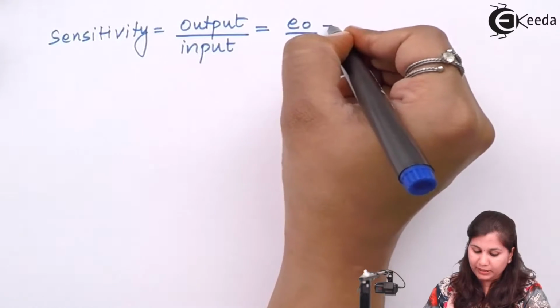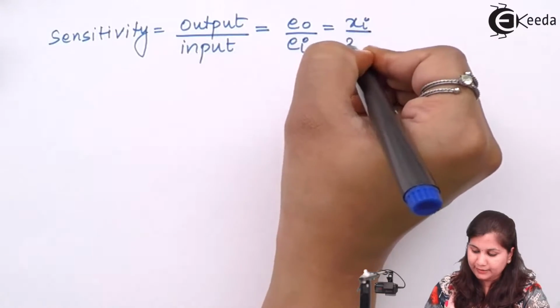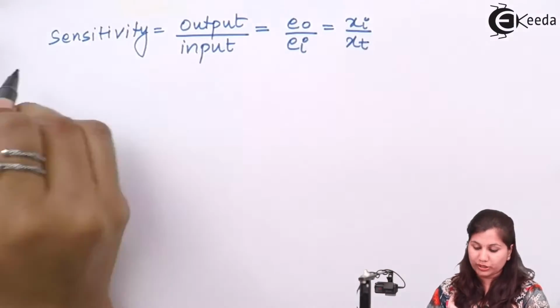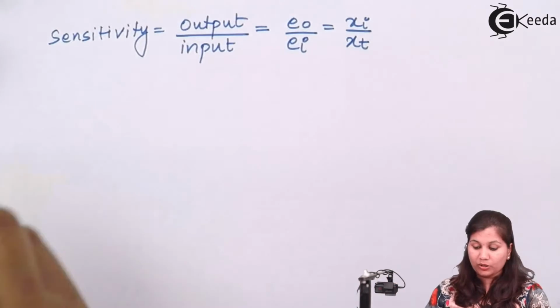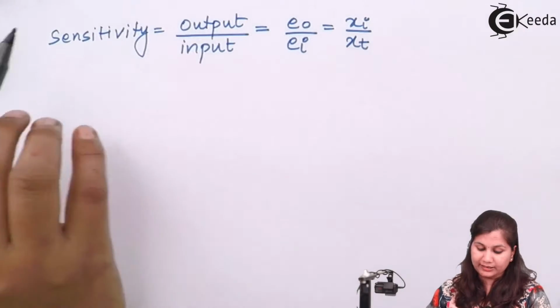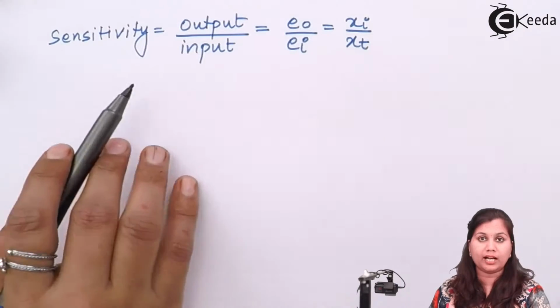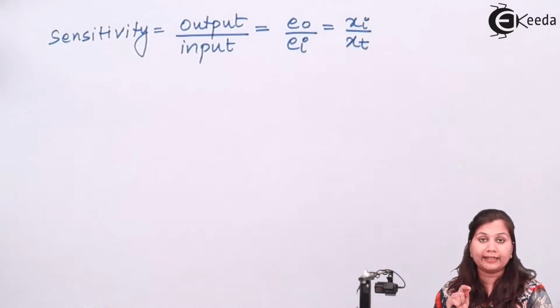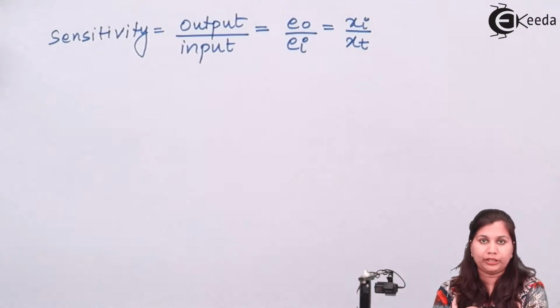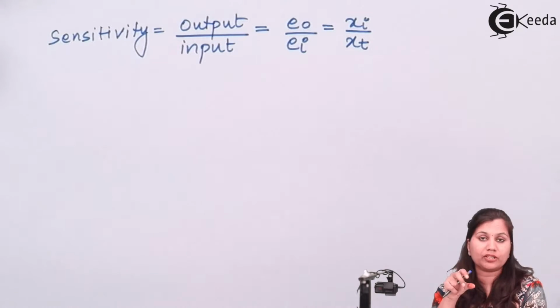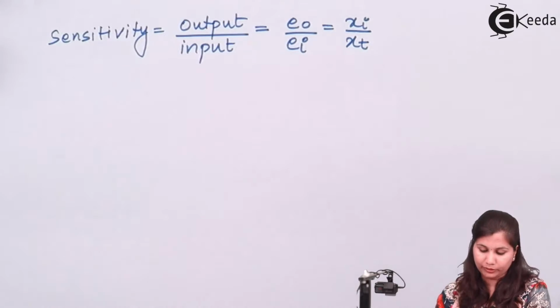So E naught by Ei is Xi by Xt. So this is the sensitivity of the potentiometer. Here also from this equation you can see that the sensitivity is constant under the ideal conditions. Ideal conditions, here we have assumed that the distribution of the resistance is linear across the whole length of the potentiometer. That is the assumption which we have taken earlier.